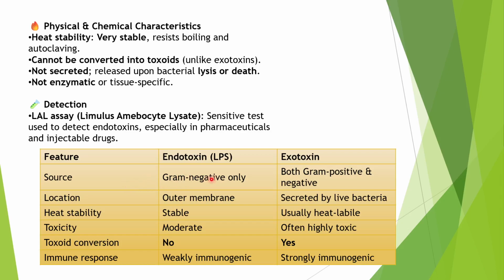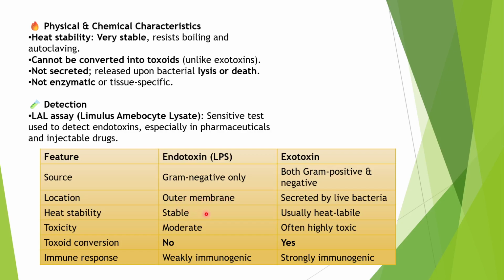So the source for endotoxin is gram negative bacteria only, whereas the source for exotoxin is both gram positive and gram negative. Then the location: endotoxin is in the outer membrane, exotoxin is secreted by live bacteria. Since endotoxin is in the outer membrane, it can only be released upon the death of the bacteria or due to lysis of the bacteria.